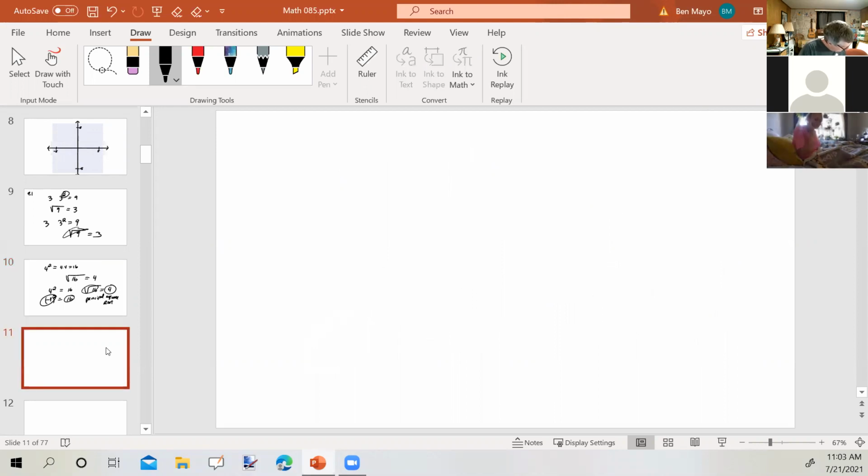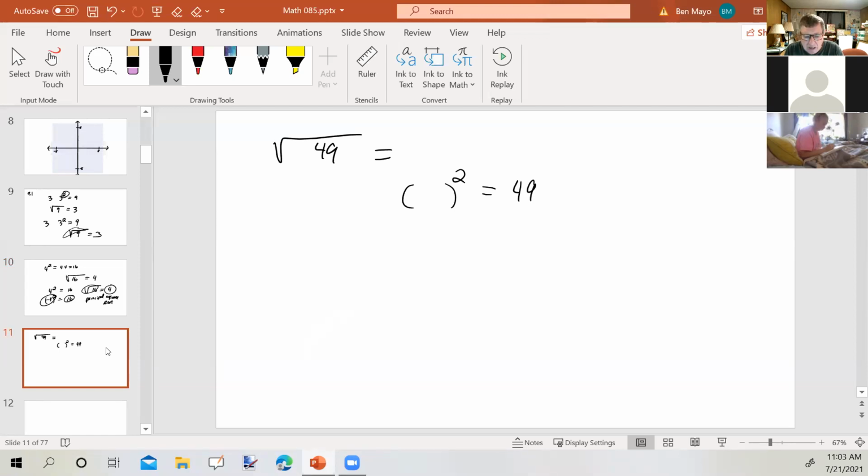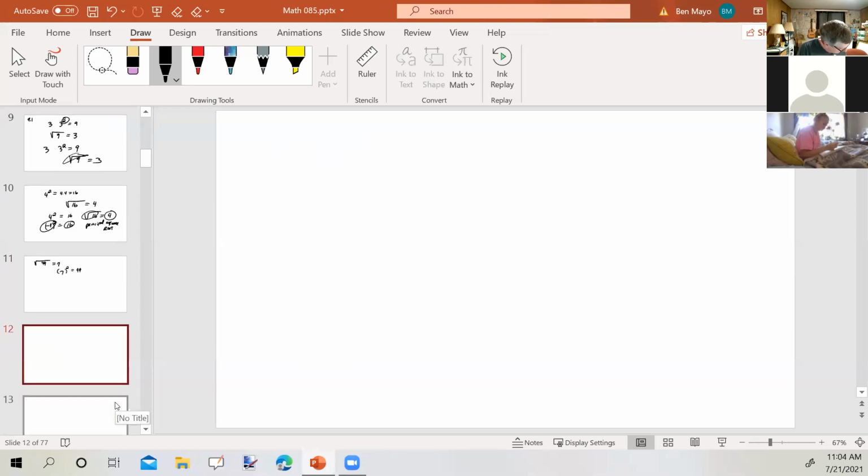Okay. Let's say we have the square root of 49. So we're looking for the number such that when we square that number, we get 49. So what positive number squared is 49? 7. So the square root of 49 is 7. Now, what if we have this kind of notation?